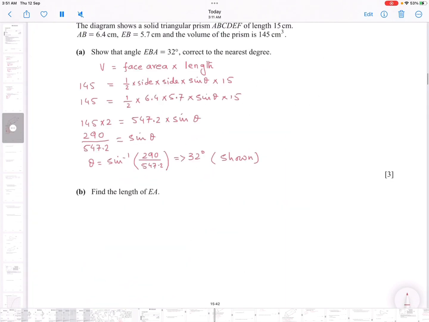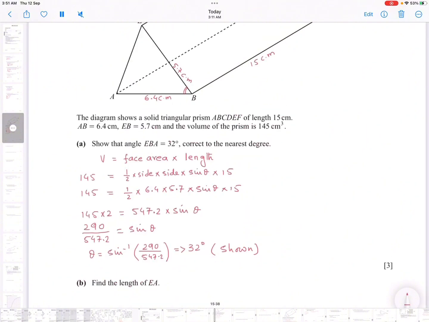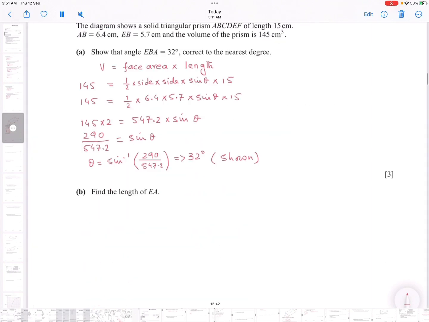Find the length of EA. Okay, we have already calculated the angle EBA, which was 32, and now EBA triangle becomes purely included angle triangle, in which the angle is there, and the two sides of that angle are already there. So to find the length of EA, we have to use cosine rule.